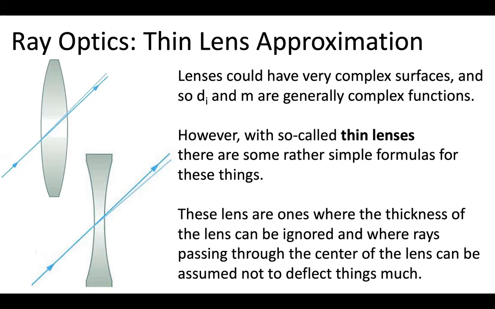approximation is that light passing exactly through the center of the lens isn't deflected much. That's a very vague statement. Light passing through the center of a lens will be deflected by some amount. But the idea is we're going to work in an approximation where we can ignore that.